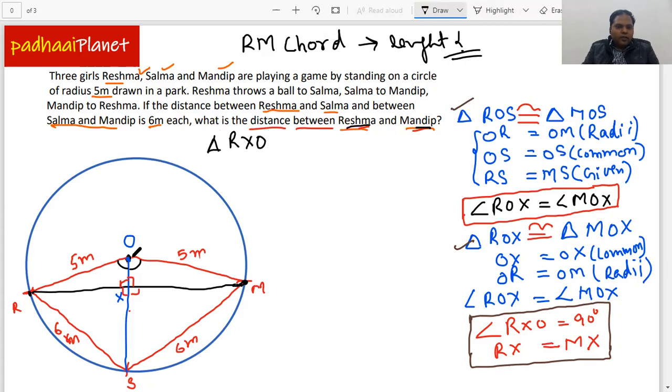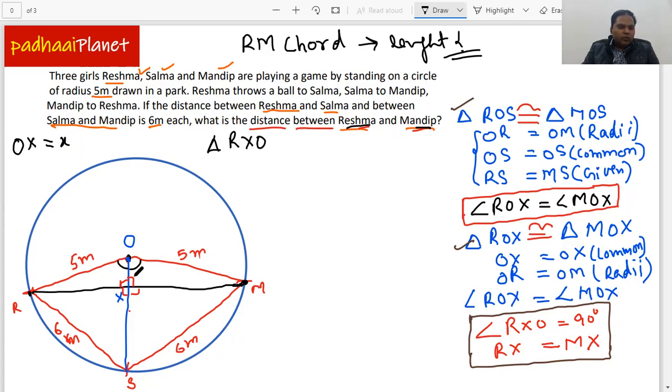Now in this triangle, we have this length OX. Let OX be equal to, say, x.